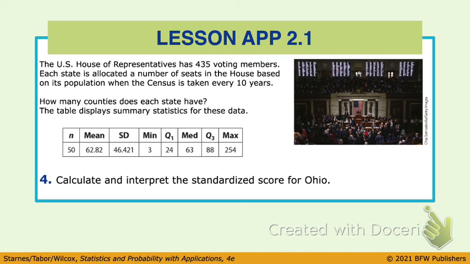So again, we still have our 50 states, but this is the average number of counties in each state, and here's our standard deviation. So we're going to, again, calculate and interpret the standardized score for Ohio. It tells us in our problem here that Ohio has 88 counties.